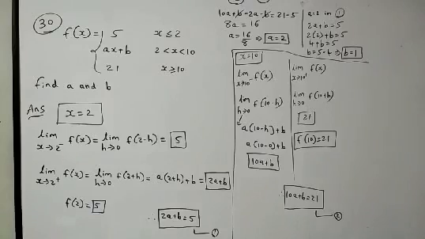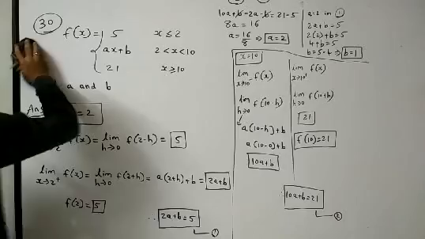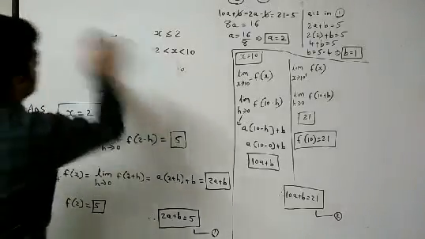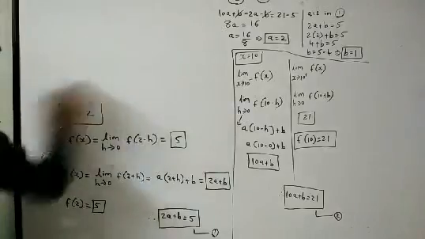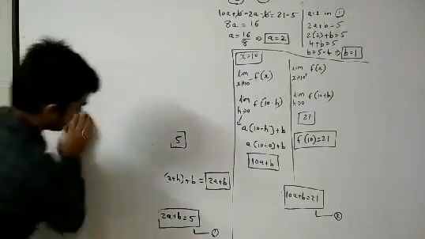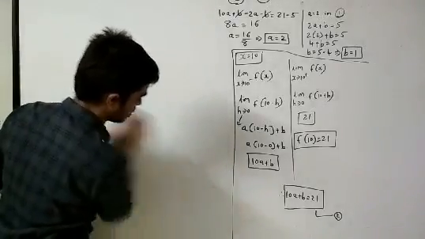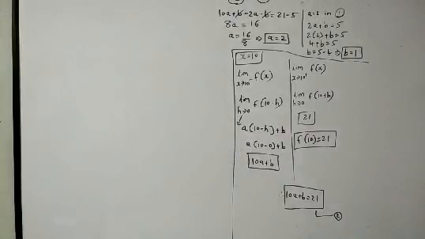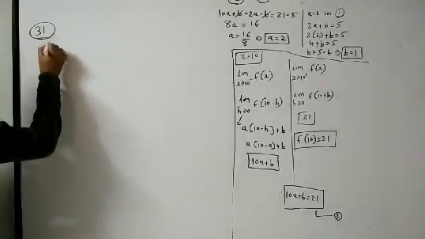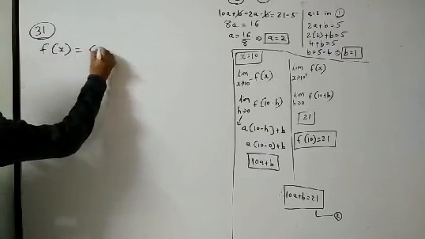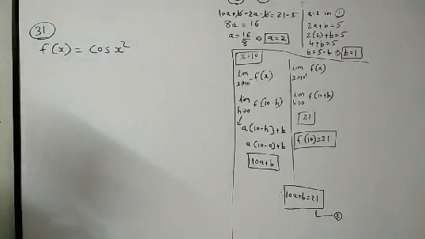So in question number 31, what we are supposed to do is show that this function cos x square is continuous, right?